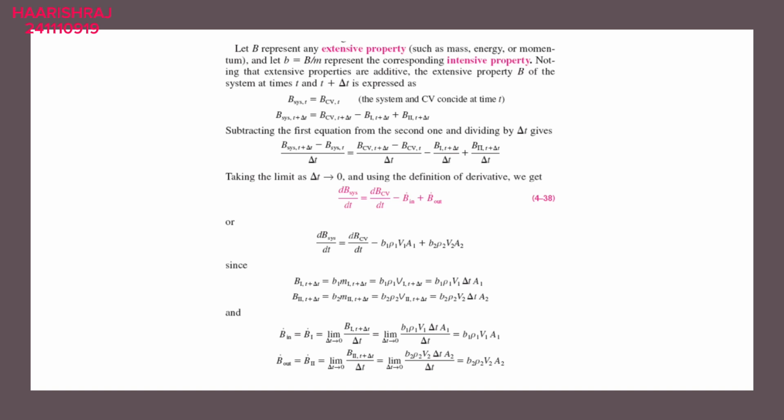Let B represent any extensive property such as mass, energy, or momentum, and let b equal B over m represent the corresponding intensive property. Note that extensive properties are additive. The extensive property B of the system at times t and t plus change in time is expressed as B system at t equals B CV at t.